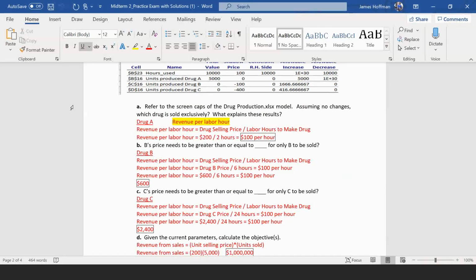Okay, so let's start with the general definition of revenue per labor hour, and then figure that out for drug B and make it equivalent to $100 per hour. Revenue per labor hour is just the selling price divided by labor hours to make it.